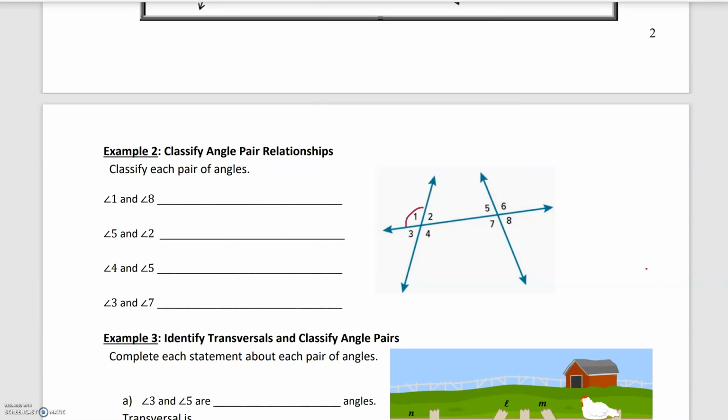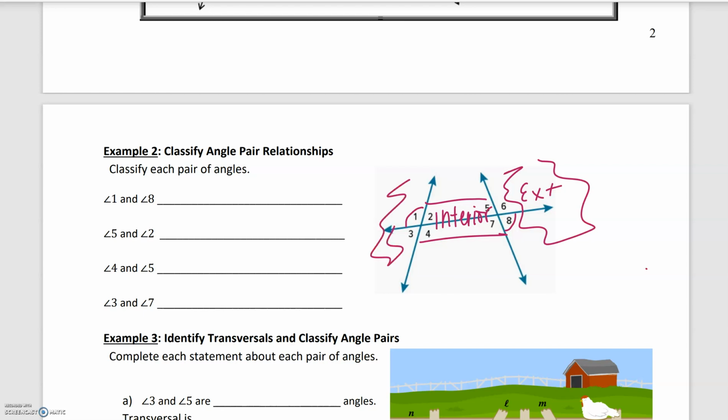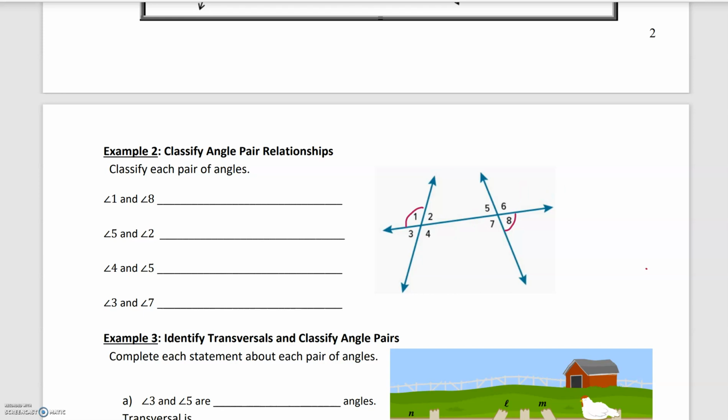If we had angle 1 and angle 8, those are alternating and they're outside of the two lines. So again, think interior right here, and then exterior kind of outside, in this space and this space. So we are alternate exterior with 1 and 8. And you can abbreviate however much you want.